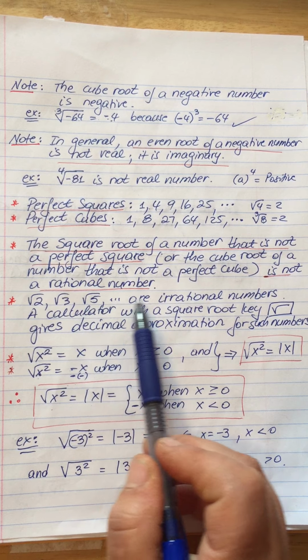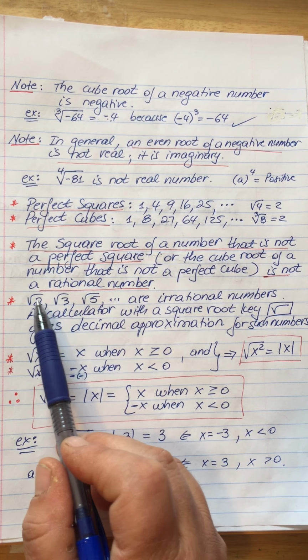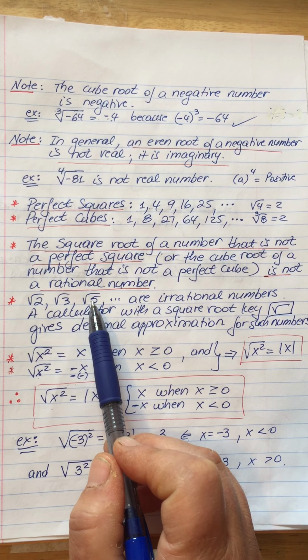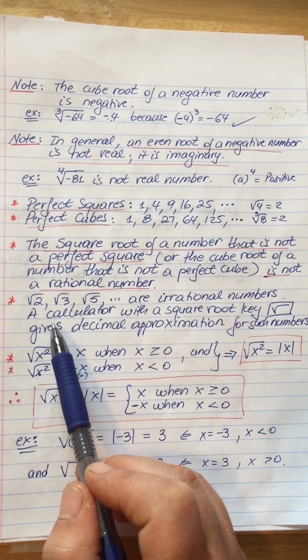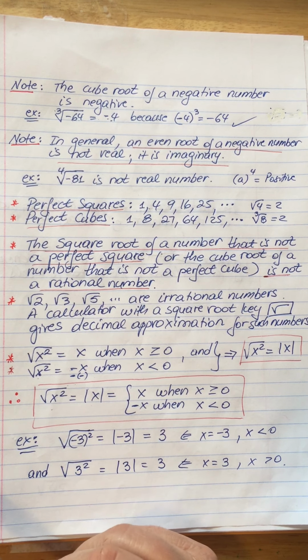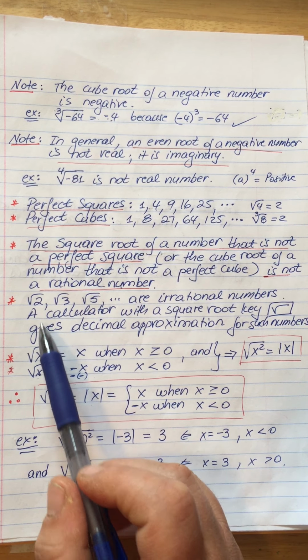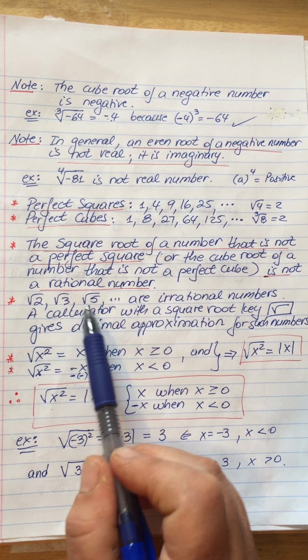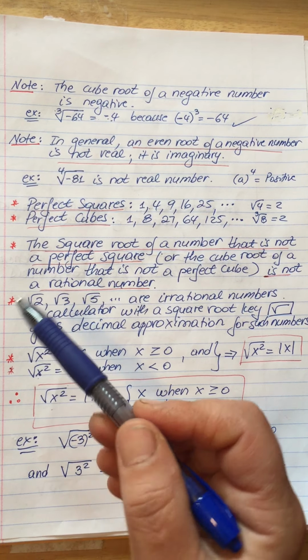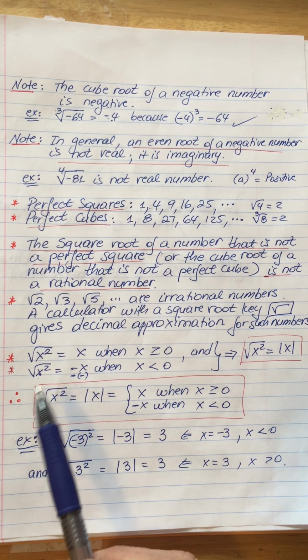These are irrational numbers, and it is very hard to find the square root of 2, 3, and 5 by hand, even though a calculator with a square root key will give you a decimal approximation for such numbers. So we leave those numbers exactly as they are. And we'll see this during the following work.